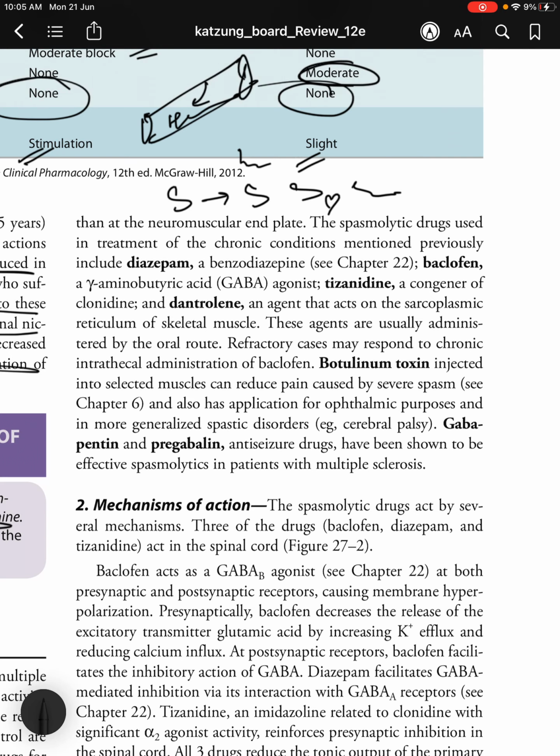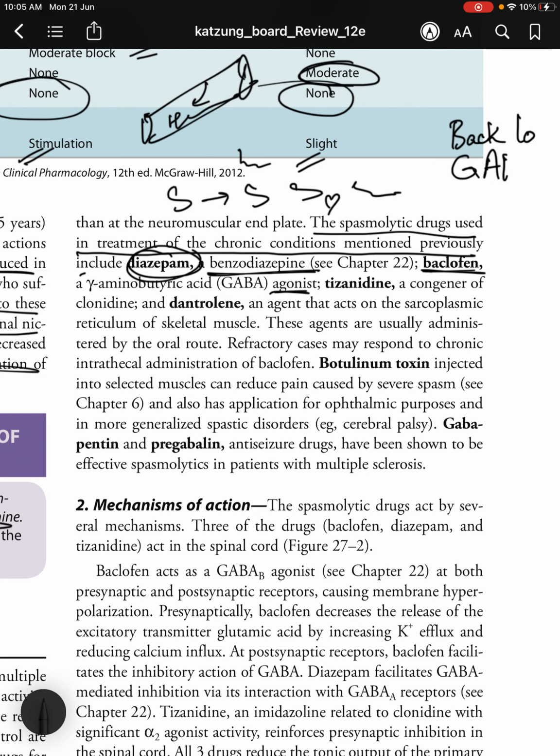The spasmolytic drugs used in the treatment of the chronic conditions mentioned previously include diazepam, a benzodiazepine, baclofen, a GABA agonist. So baclofen, GABA, it is a GABA agonist.